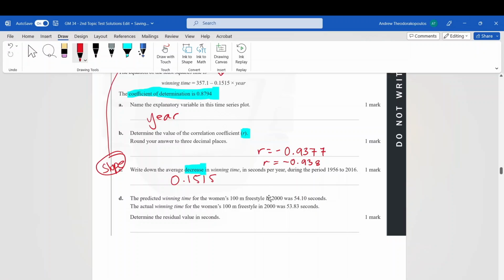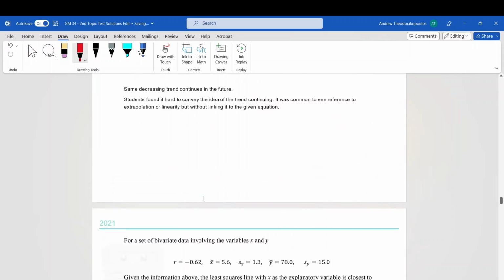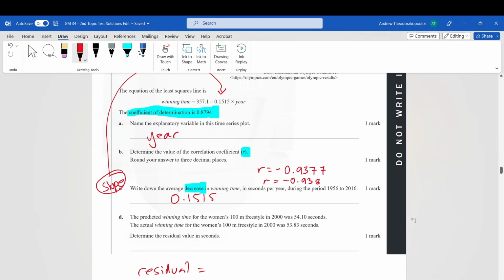Here we're asked to find a residual value. The predicted winning time for the women's 100-meter freestyle in 2000 was this. The actual winning time was this. To work out the residual, we need to remember the formula. The residual is the actual data value minus the predicted data value.